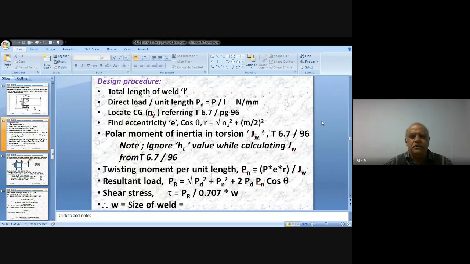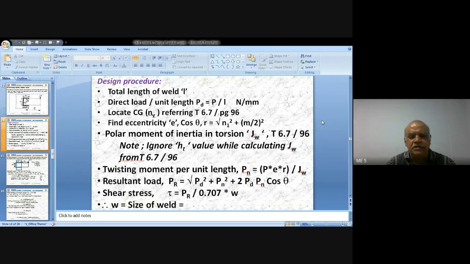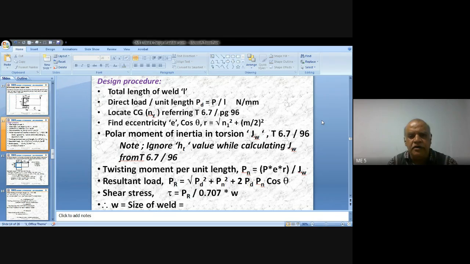Next, locate CG, referring to table 6.7, page number 96. Find eccentricity E, cos theta. R is equal to square root of n1 square plus m by 2 whole square. Okay, next.